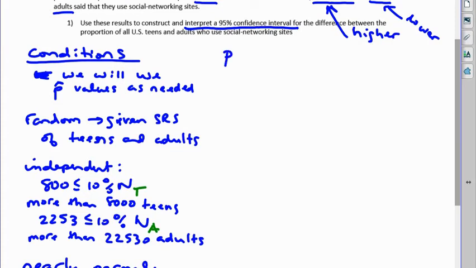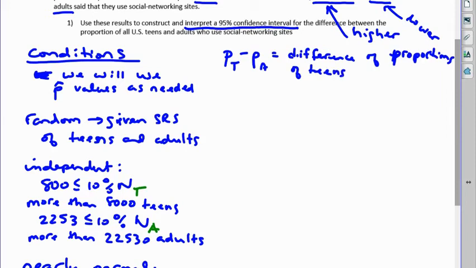So I'm going to say the proportion of teens minus the proportion of adults will be the difference of teen proportions and adults using social networking. Okay, so it's really important to distinguish what order you're going to be doing them in.